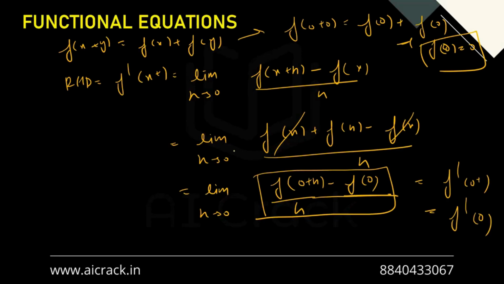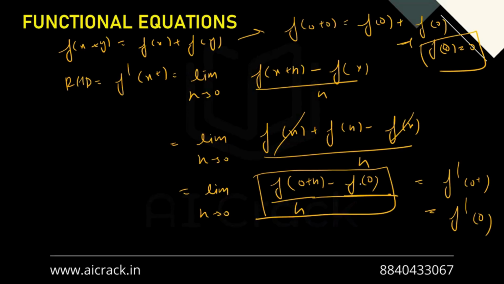Until now it's very clear. What we have done: we started with first principle, then we used this equation over here, and then cancelled out fx. What we are left with is fh by h. Then we somehow manipulated it to write down f dash 0 from there, right? The main element was to find out the value of f0, and sometimes you might have to find out the value of f1, f2, f3, whatever.